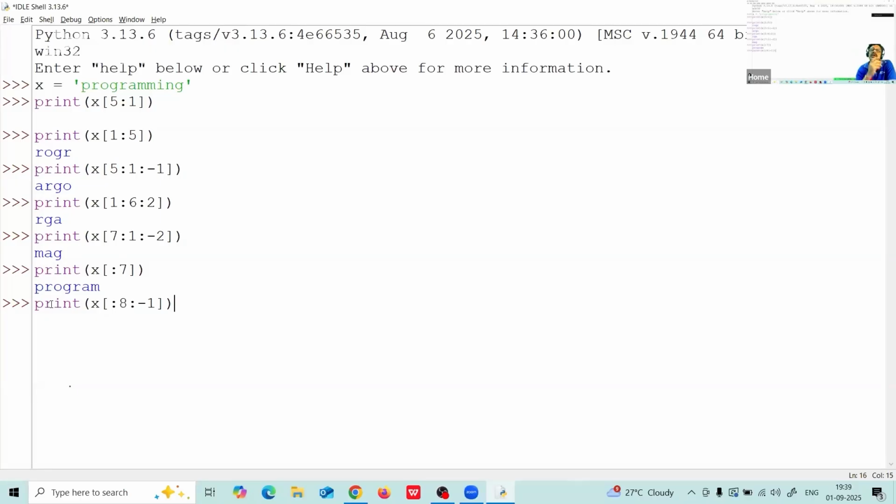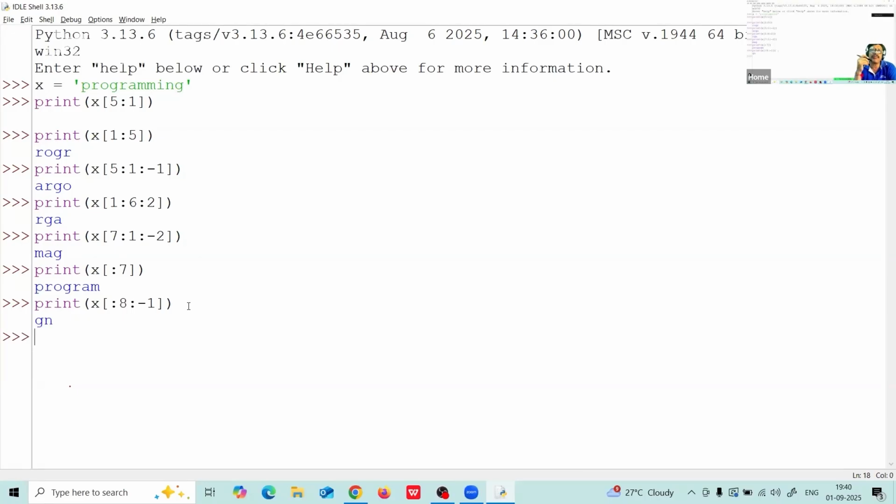Definitely we are coming backwards, but we have not said from where to start backwards. You have to travel backward but from where? We have not given start. So Python automatically starts from the last index. If you recall, this last index is, I think, the 10th index. And we have to go up to 8. 8 means 9. So it will only give G and N. Backwards, G and N. Just check. Yes.